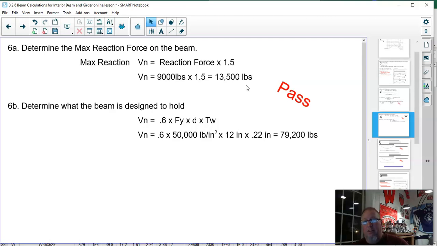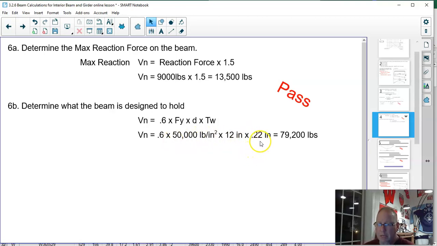What you compare that to is what the beam can actually hold. So this 50,000, as I said before, comes from how we manufacture steel in the United States. 12 inches is an actual number that represents how tall the beam is. And the 0.22 is the thickness of the beam. It's how thick it is. So it's roughly 1/4 of an inch thick, which doesn't seem like that much, but it's very strong. So this is how the beam is designed.